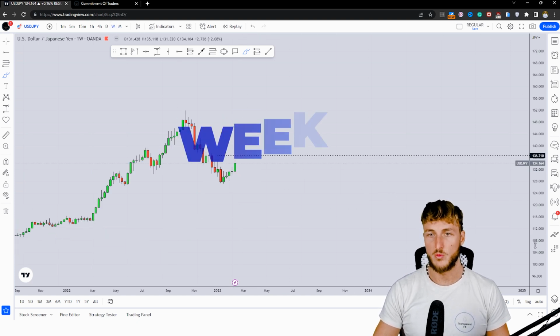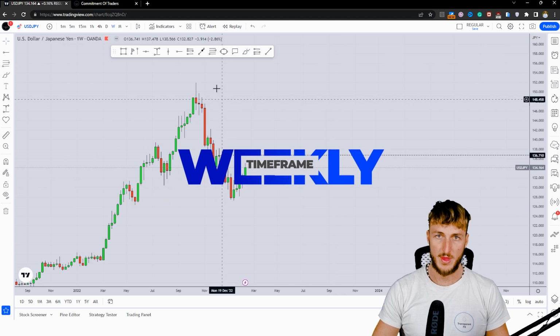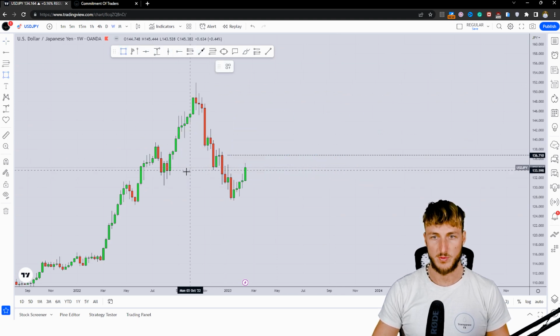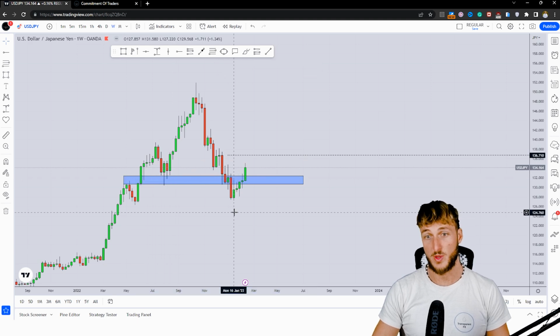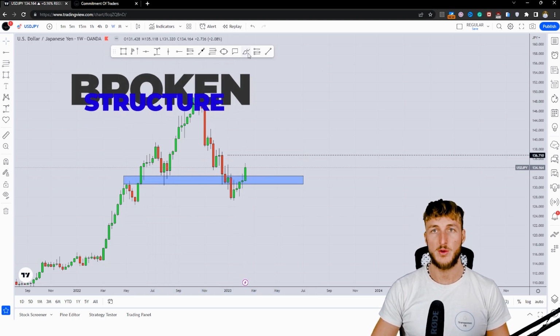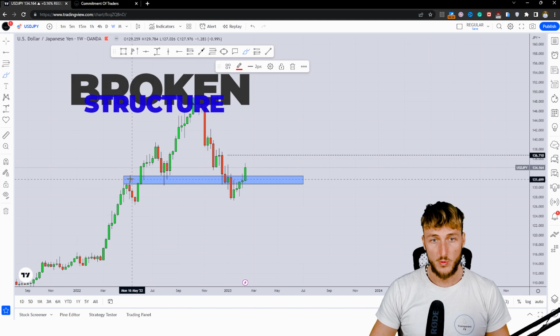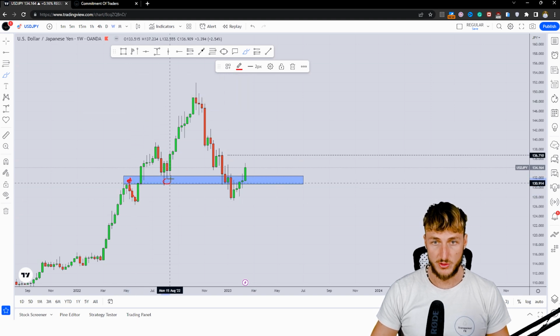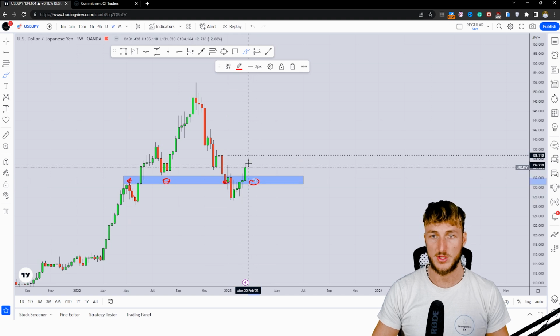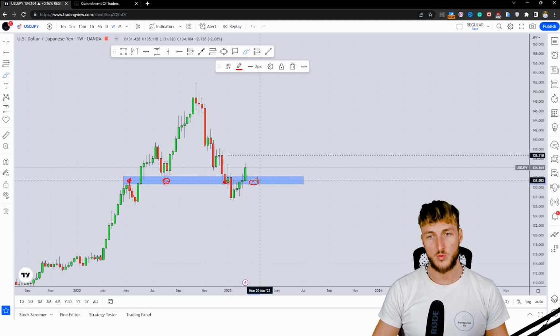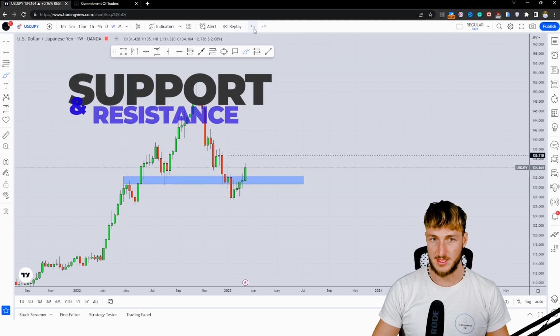Going down on the weekly time frame, what do we have? Now, from a weekly perspective, what we must notice is that at the moment we have already broken above the weekly structure level, which was this previous resistance turned support here, which now that the market has broken it once again to the upside, is once again acting as support at this level.